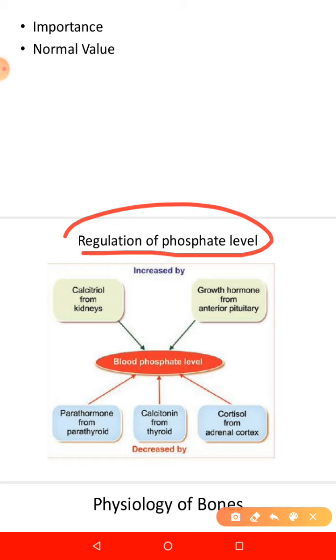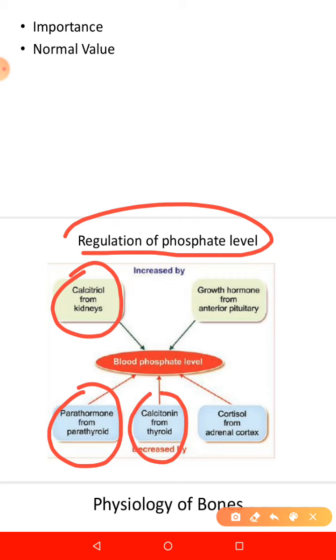And we know that disease is just disturbance in normal homeostasis. So phosphorus is regulated mainly by these three hormones, which we've talked about: calcitriol from the kidneys, parathormone from the parathyroid gland, and calcitonin from the parafollicular cells.